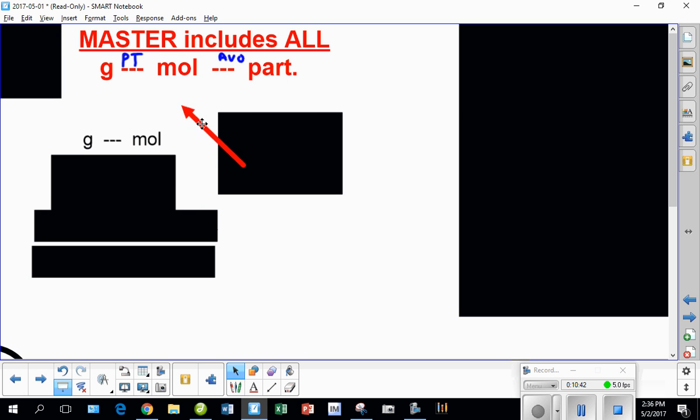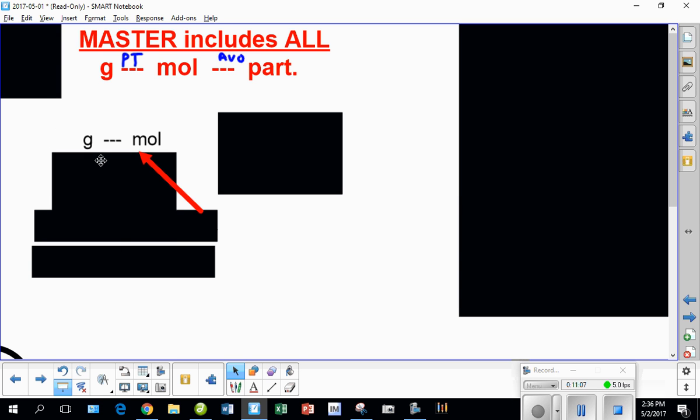I want to point out again, AVO territory is over here when we're going between these two, and periodic table is over here when we're going between these two. So what are we going to have on the bottom? From the periodic table. Excellent. That's all there is to that.